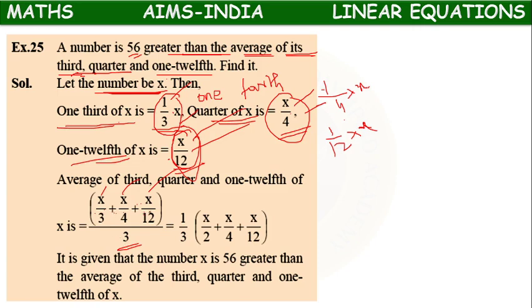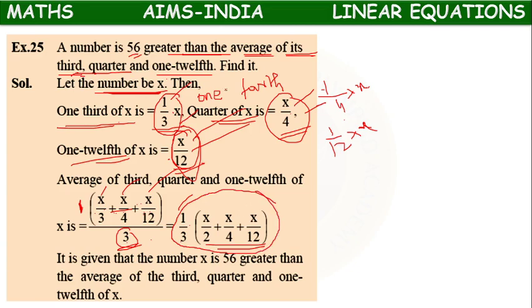We can write 1 by 3 separately and the remaining values in the brackets. This is the average of 1/3, 1/4, 1/12.